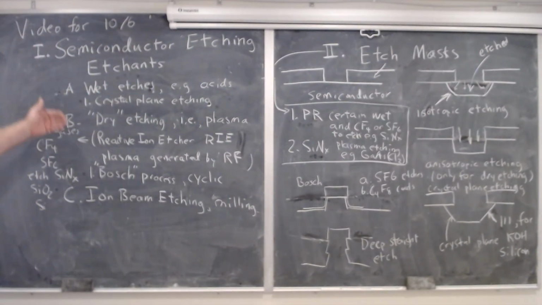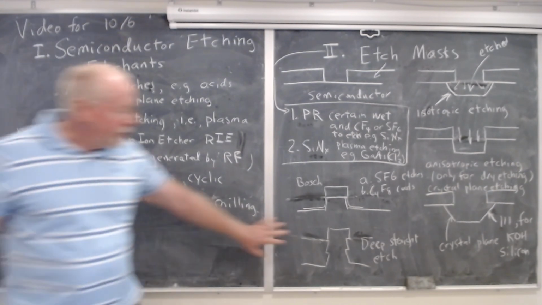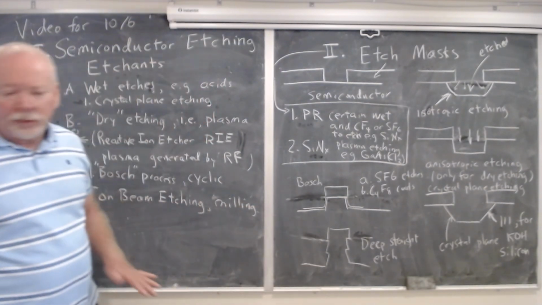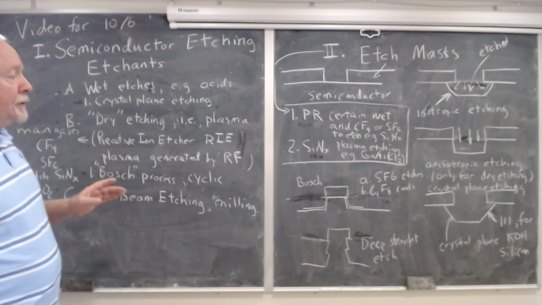There's wet, dry or plasma, and ion beam. Within wet, there's a subcategory of crystal plane etching. Otherwise, it tends to be isotropic. Within dry etching, there's a subcategory of Bosch process or cyclic process that gives you a very deep, straight profile. And there are some nice, pretty pictures in the book.